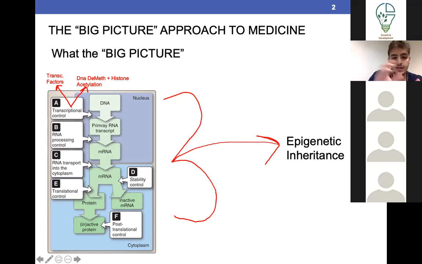Now, before I go to questions, I just want to give you a quick example explaining the importance of epigenetic inheritance. It was noted that in one of the European countries back during the war, the population was starved to death.